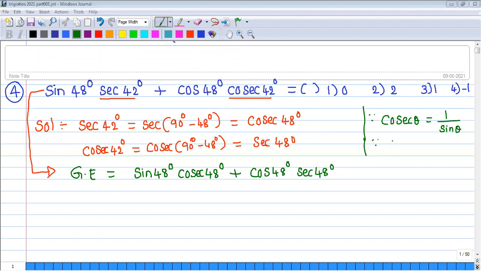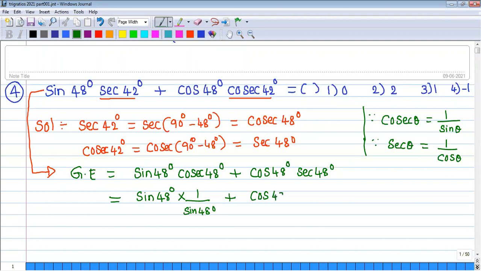Now sec theta is equal to 1 upon cos theta. So now this can be written as sine 48 degrees, instead of cosec, 1 upon sine 48 degrees, plus cos 48 times 1 upon cos 48. What answer do you expect? 2.